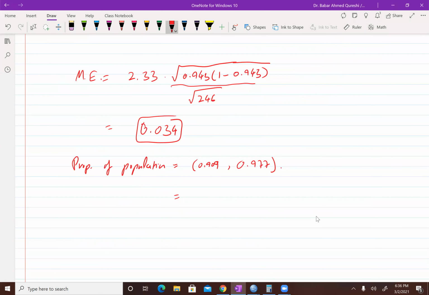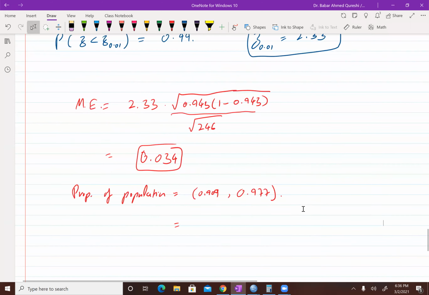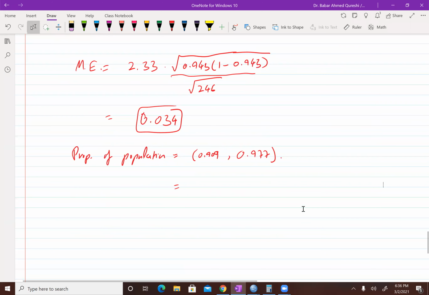Or some people write it like this. So this was our mean value, 0.943, and then you say plus or minus 0.034 with 99% confidence level.